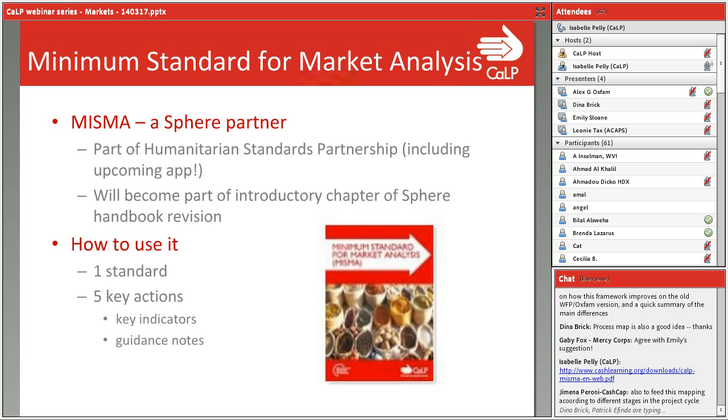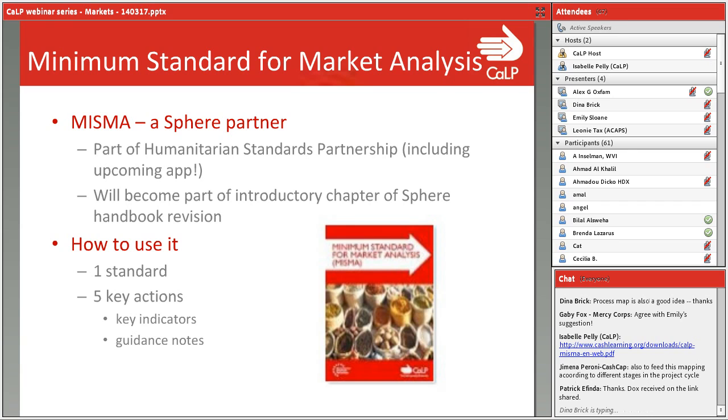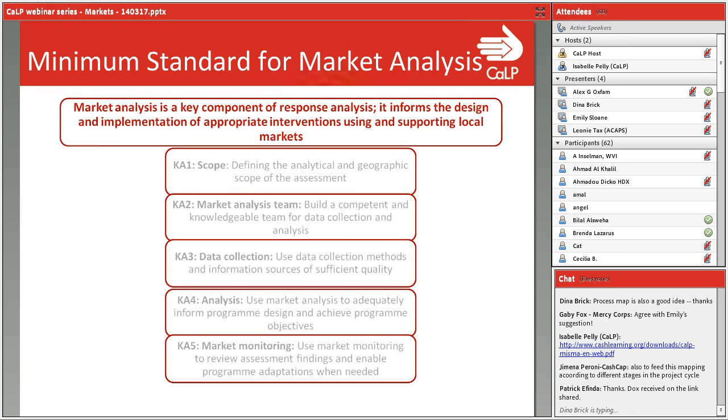So just as a little snapshot introduction, I'm going to show you what the standard is and the 5 key actions. And then there's a very useful infographic of that in the introduction of the standards document itself.